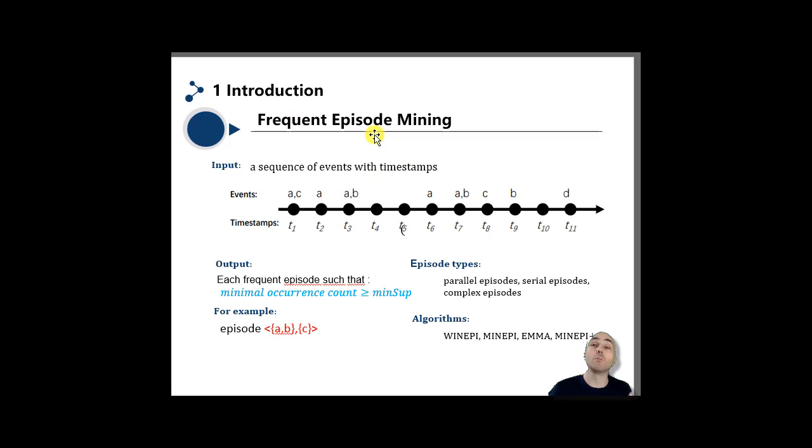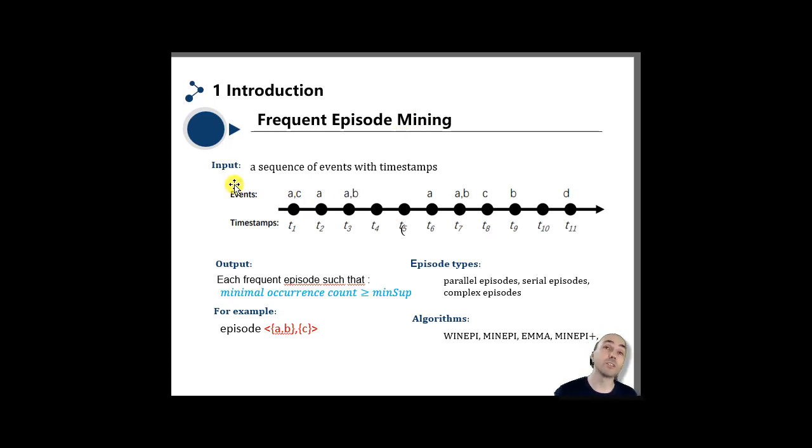A frequent episode means some sequence of events that appears many times in your data. If you find these patterns, it can help you understand your data, for example why some events always appear before some other events. There is a classical problem in data mining called frequent episode mining.